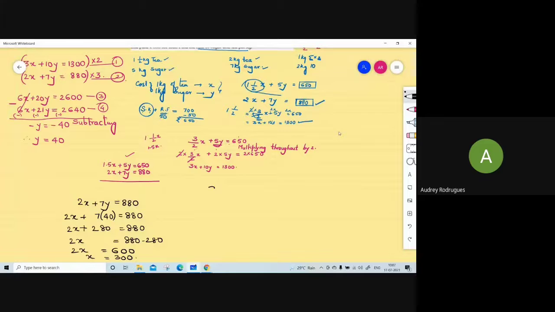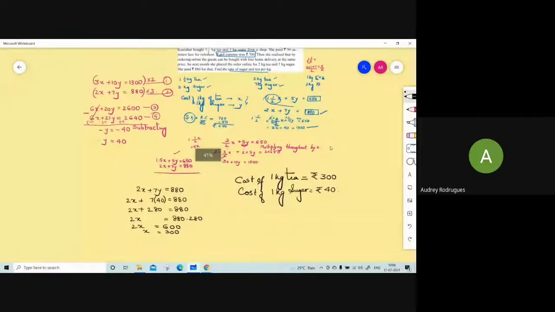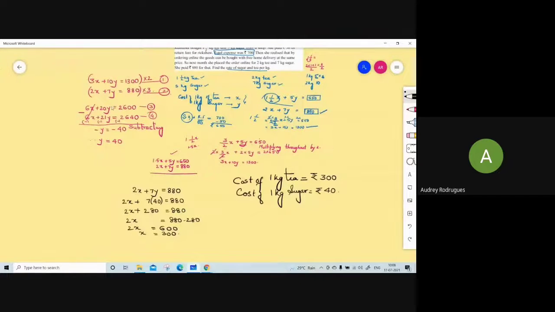So the final answer will be: cost of 1 kg tea is equal to rupees 300, and cost of 1 kg sugar is equal to rupees 40. So Kantabai was smart to order online, correct? She saved her 50 rupees of rickshaw fare. Correct, students? Yes.